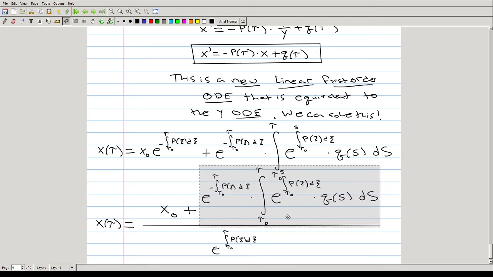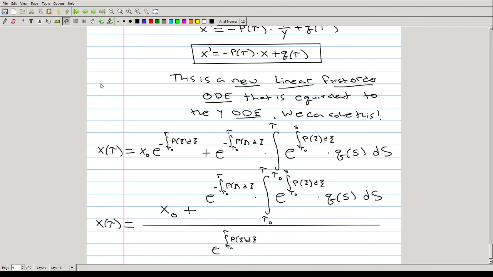I think I'll make this integral sign a little bit smaller, just to make sure stuff fits really nicely. And same thing right here.